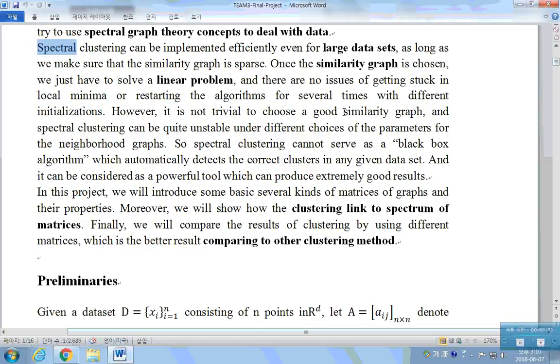But it's not trivial to choose a good similarity graph, meaning for given data, how you give the rules to transfer it to the matrix. This is difficult, because depending on which matrix you choose, the final result will be quite different.